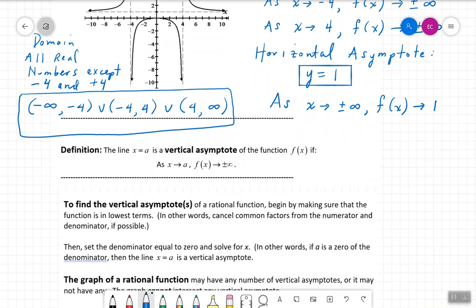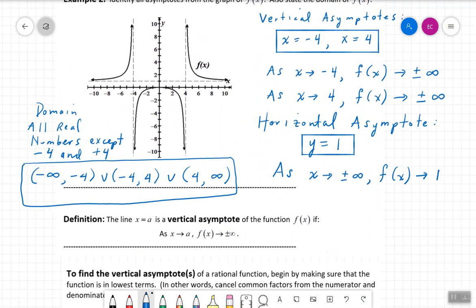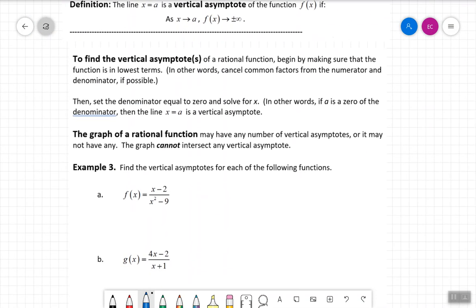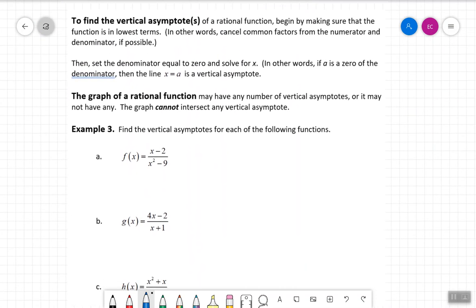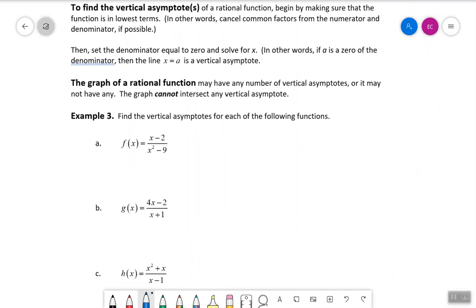Okay, so we know how to find the asymptotes from a graph, and now we want to find the asymptotes from a formula. So you can see example 3 here. You can see an algebraic representation of several functions.